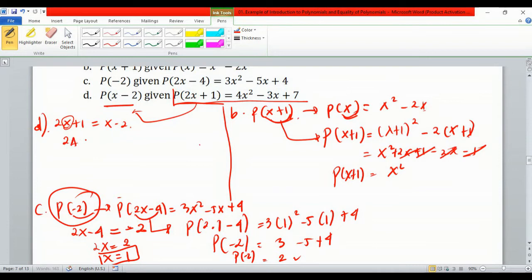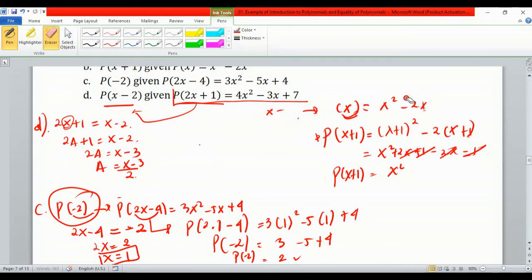So 2a plus 1 is equal to x minus 2, so 2a is x minus 3. So you will get a equals x minus 3 over 2. Okay, from here you can continue. Let me erase this one first. This is like wasting time, but it doesn't matter.